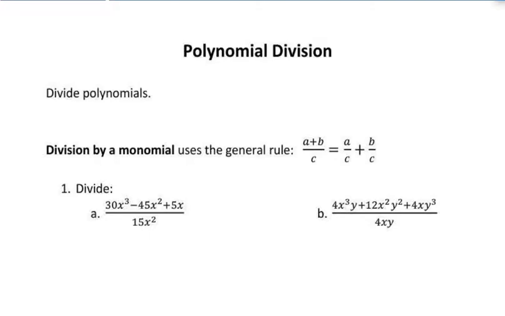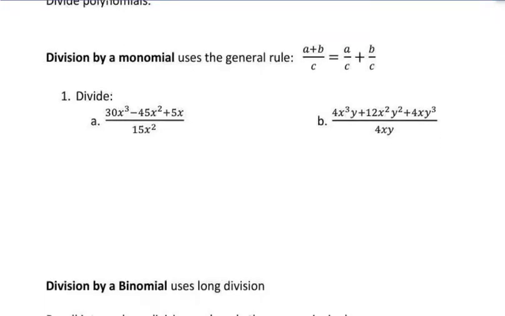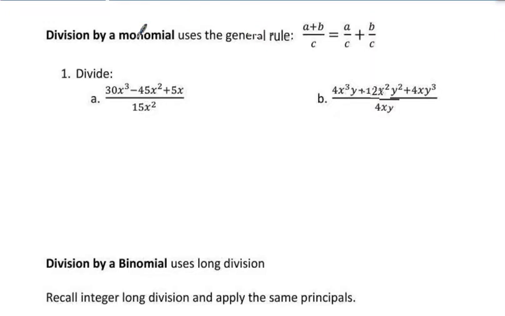Our first example, 30x cubed minus 45x squared plus 5x. That trinomial will be divided by the monomial 15x squared.